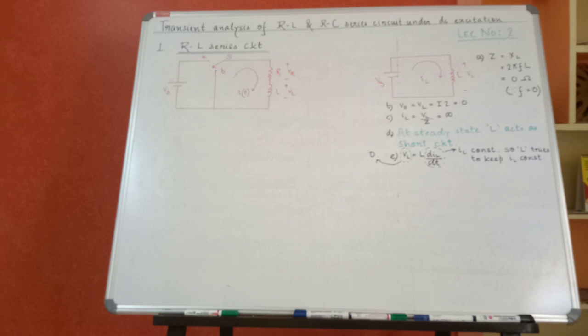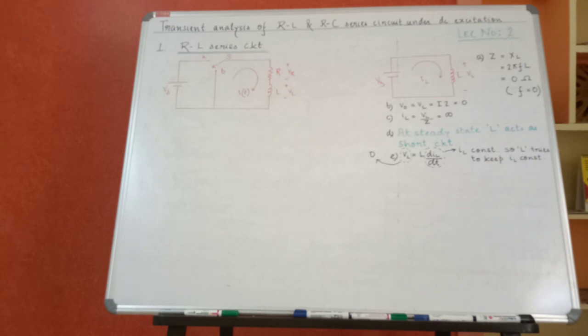In which circuit does a voltage become 0 and current becomes infinite? If we short circuit 2 points, obviously the voltage between 2 points will be 0 and current will flow infinite. Thus point number D addresses it. That's why I had written at steady state inductor acts as short circuit, because of the values found by me in B and C.